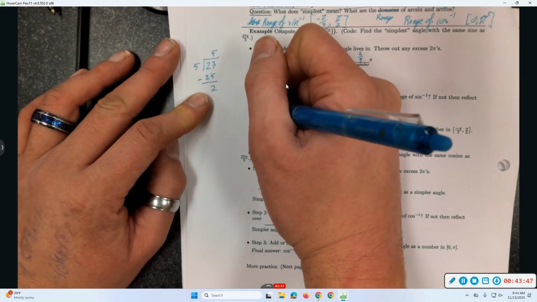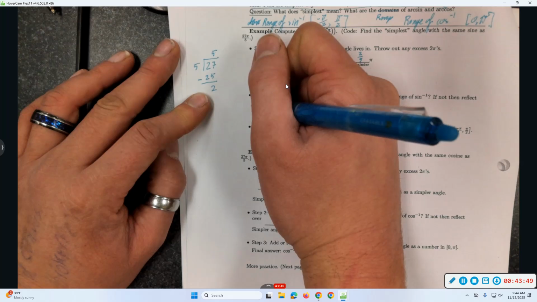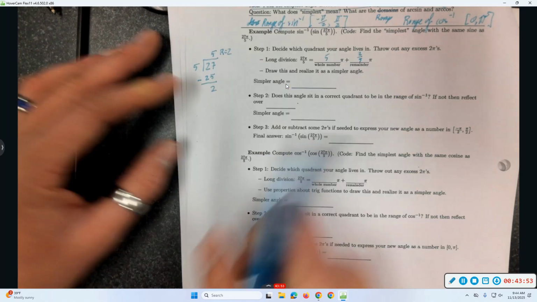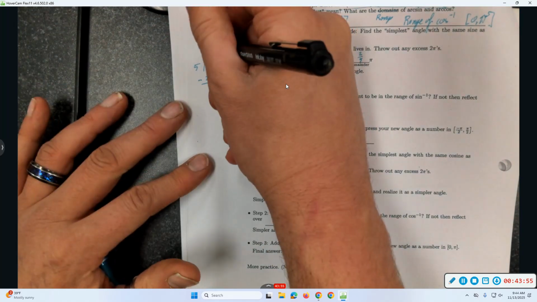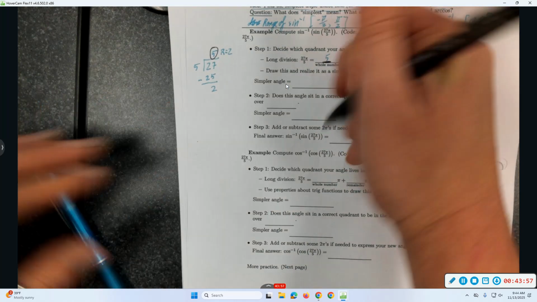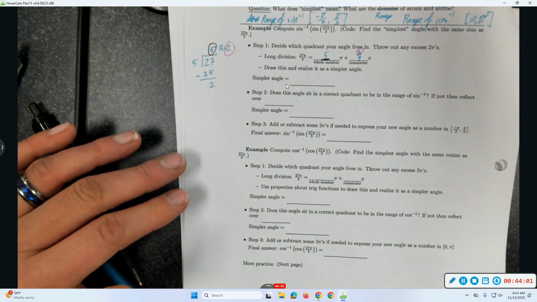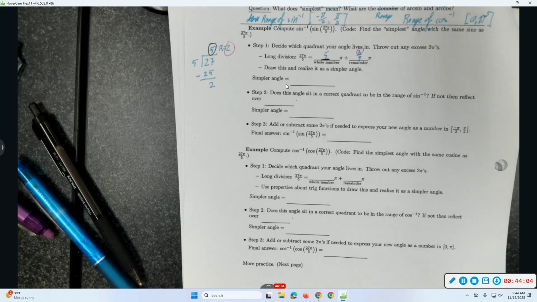How many times does 5 go into 2? It doesn't, so you just have a remainder. So this 5 is that 5, this 2 is that 2, and then you just put the pi back.